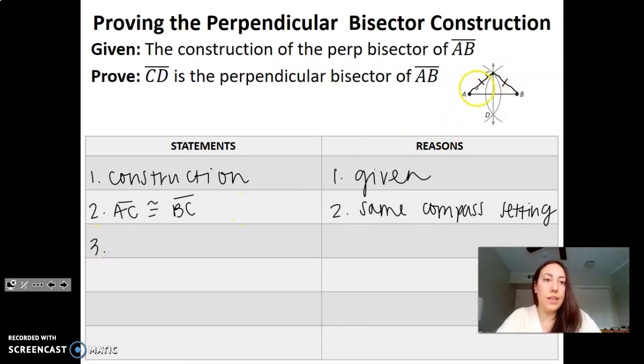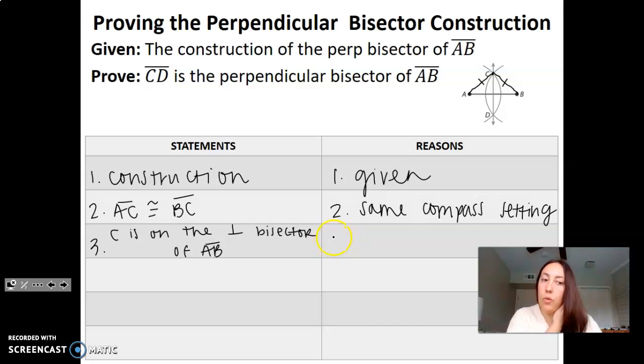So since C is the same distance away from these endpoints, I know C is on the perpendicular bisector of AB. This was a theorem that we talked about when we did the section on perpendicular lines. It was 4.4. So this is the converse of the perpendicular bisector theorem.